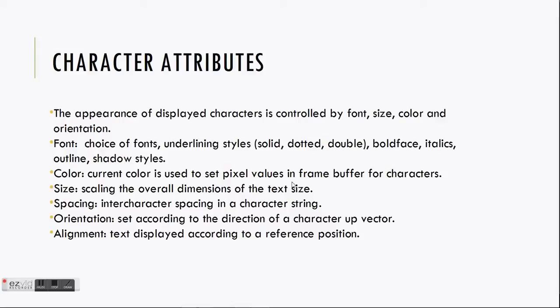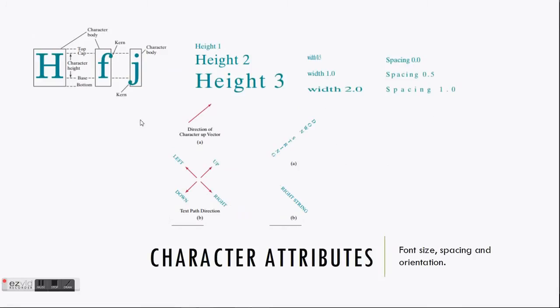Character attributes. Character is associated with various attributes depending on the appearance of the character, which depends on the font, size, color, and orientation. Here we can see the character body, then the gap between top and the cap, the character height, and the gap between base and bottom.